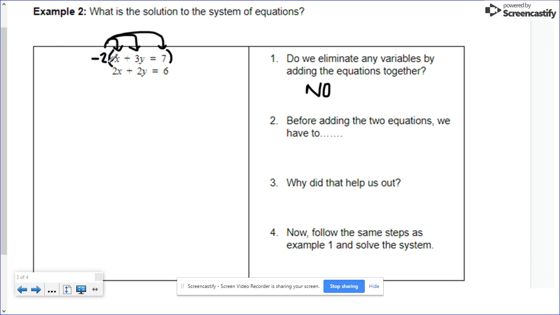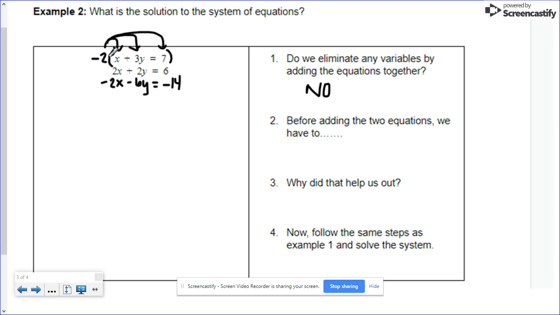So negative 2 times x is negative 2x. Negative 2 times positive 3 is negative 6y. And negative 2 times positive 7 is negative 14. And now I've got something that I can go ahead and eliminate.